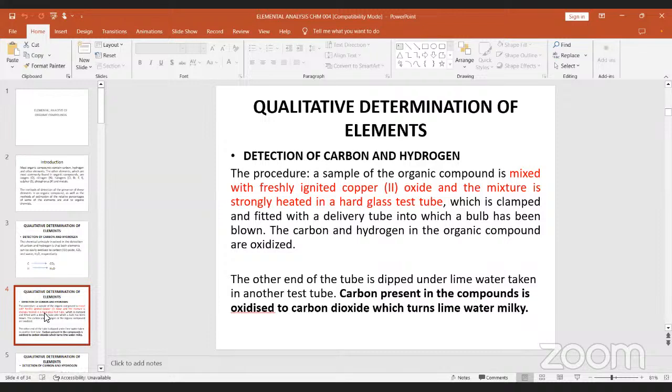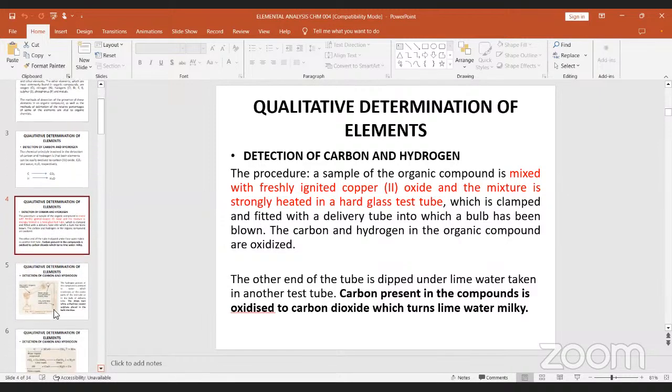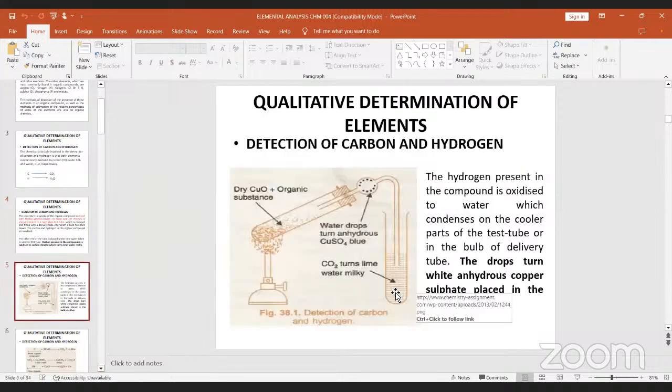When you do this, the carbon and hydrogen in the compound are oxidized. Okay, and if you look at the setup here, this is the sample that you want to determine its constituents for, and you mix it with your copper(II) oxide and you heat it.